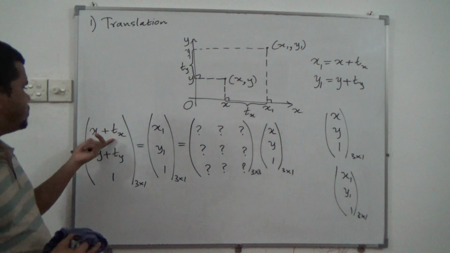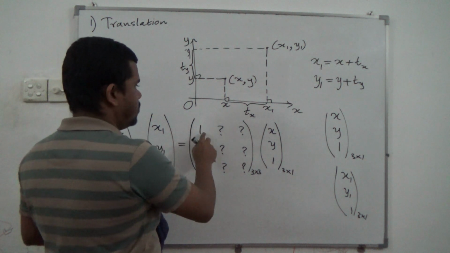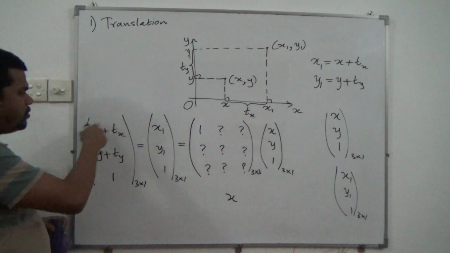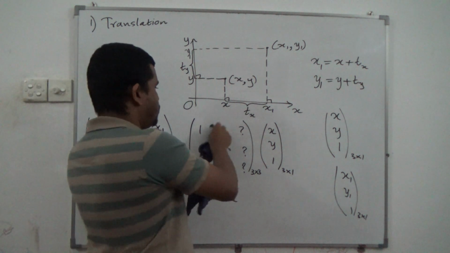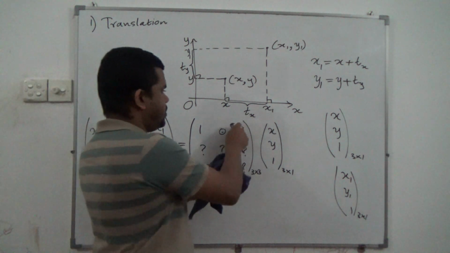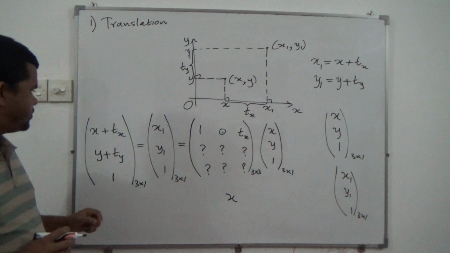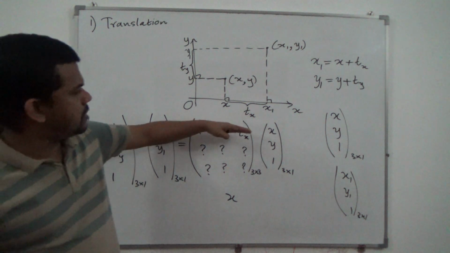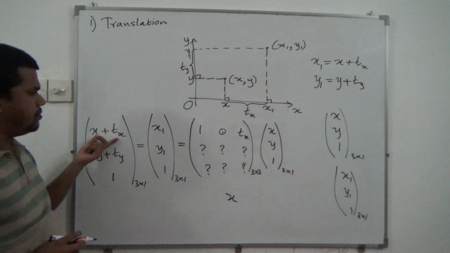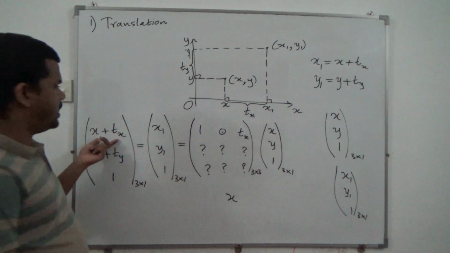So in order to get x plus tx, if you put 1 for x, we can get the x term. Then we do not have any y term, therefore we put 0 here. Now in order to get tx, if we put tx here, you get tx. Now if you multiply this row by this column, you get x, this one 0, tx, you get this.